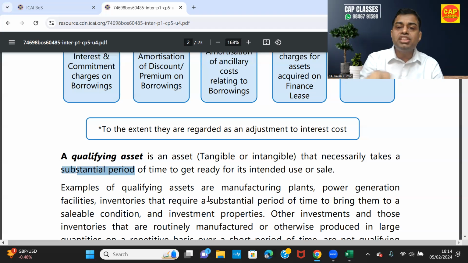The general rule says charge it to P&L, but there are so many problems here. One, matching concept. This interest cost, whatever you are debiting to P&L, has no matching economic benefit or revenue on the credit side of P&L. Debit, you are putting interest 150 crores. Credit, where is the benefit?